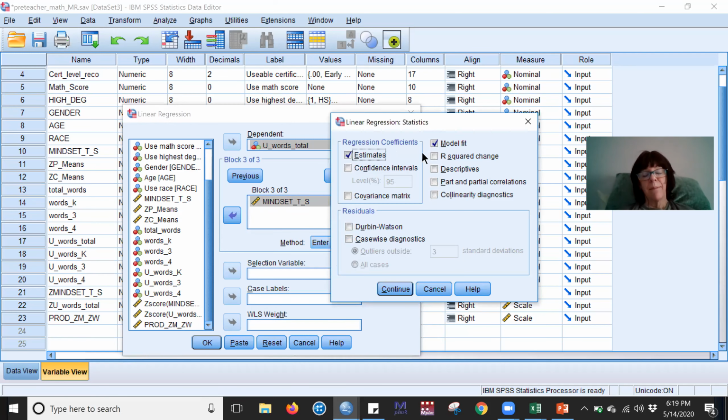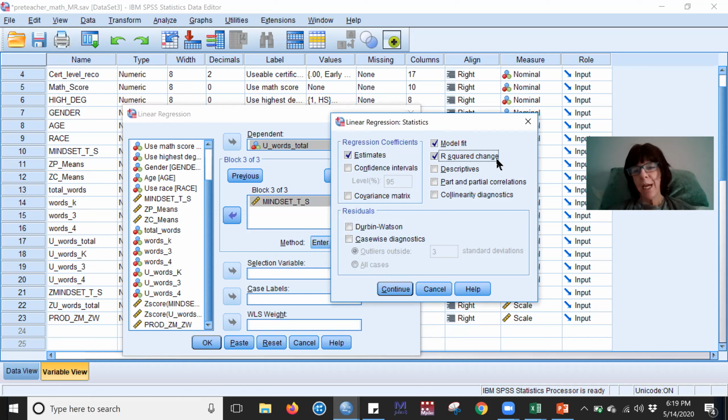To get information that's useful out of this, you ask for R-squared change. R-squared is how much overall variance in the dependent variable, how much of what we know about language use, is predicted by our various predictors.